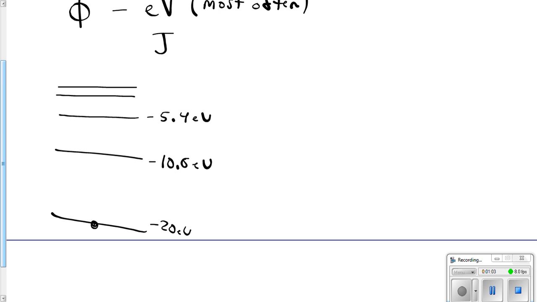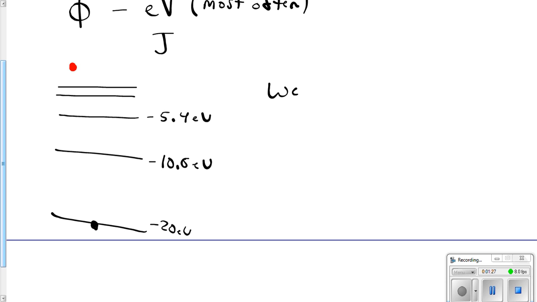Well, the amount of energy it takes to move this electron, to ionize it, to remove it from the piece of metal or the element completely, is called the ionization energy, but we can also call that the work function of the metal.